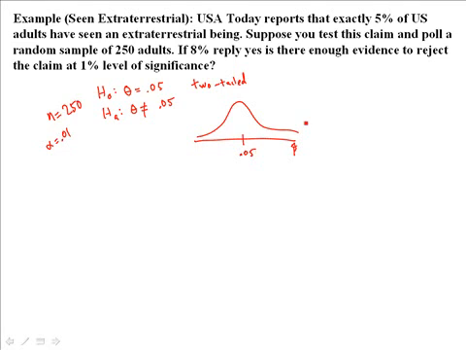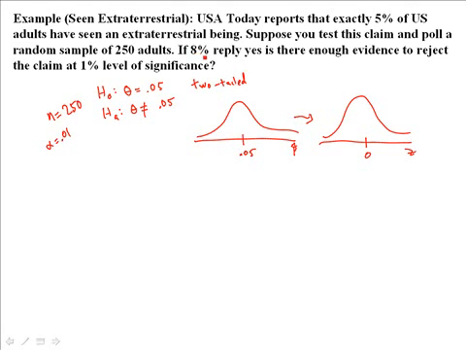Now we're going to change these into z-scores, so let's put z over here. What's in the middle of the z curve? 0, and that corresponds to this 0.05. Now, where's our sample proportion? It's this 8%.